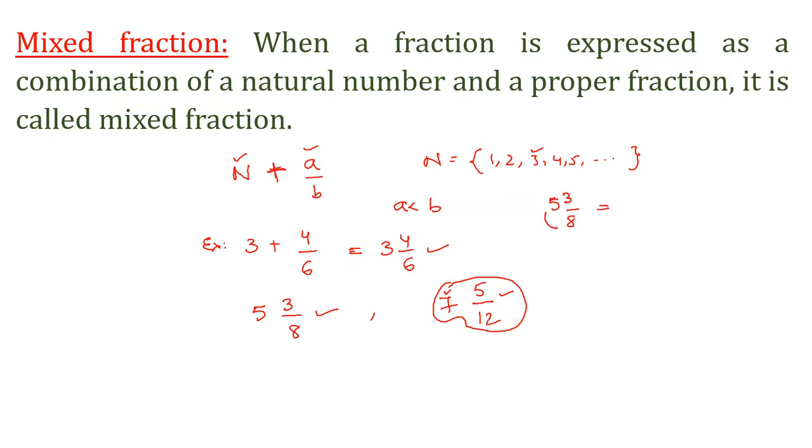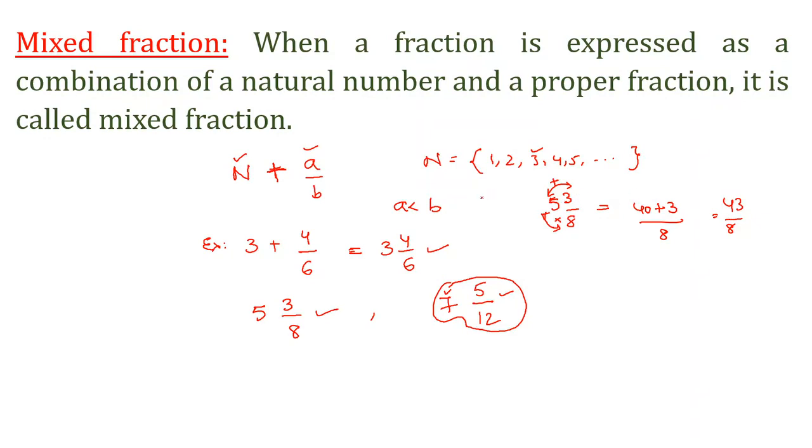Multiply 5 with 8, and add that result to the numerator 3. 8 times 5 is how much? 40. 40 plus 3, and take the same denominator. So 40 plus 3 is 43 by 8. This is the conversion of a mixed fraction into an improper fraction.